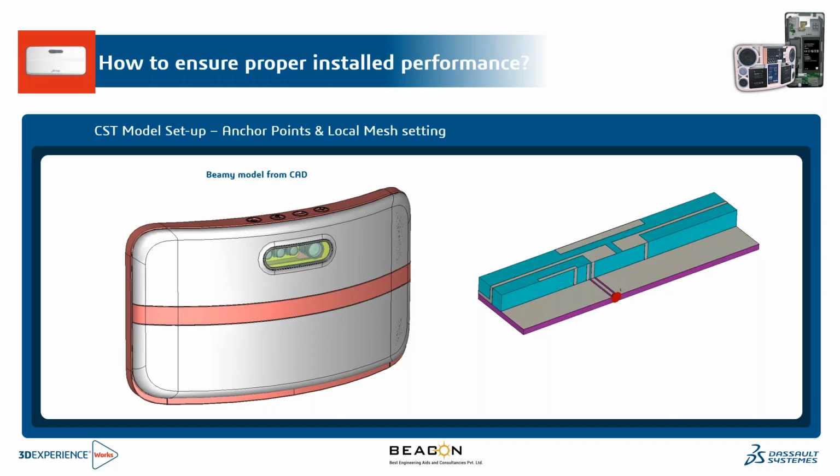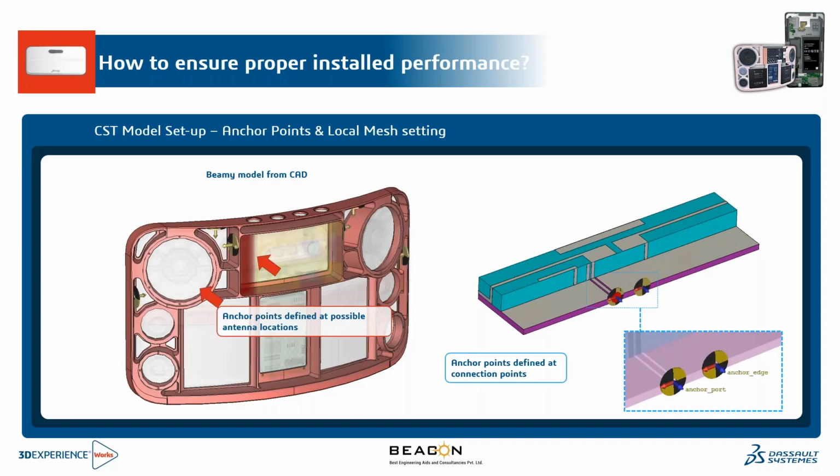So how can I import it is with the help of anchor points, where we can define it as connection points towards the entry of the antenna and place it or snap it onto the frame where we want to position or locate the antennas within the beanie. So here you can see with the help of anchor ports and anchor edge, we can snap it and position it to the location where we have designated the place within the beanie.